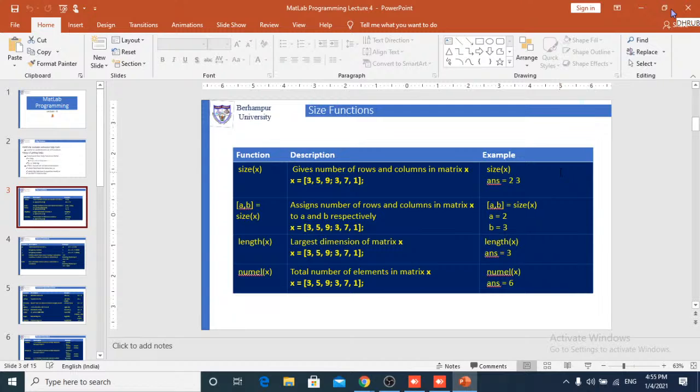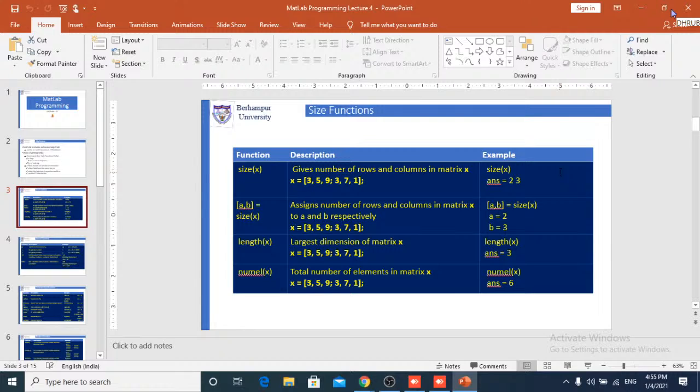Okay, so they can see what the size is. Here I have taken a vector named x. It contains 2 rows and 3 columns. So when I type size x, it will give you the number of rows and the number of columns.